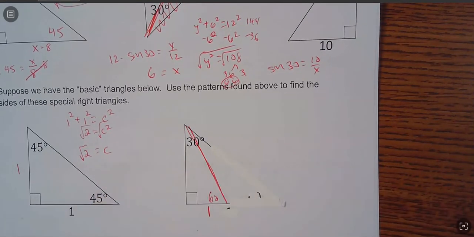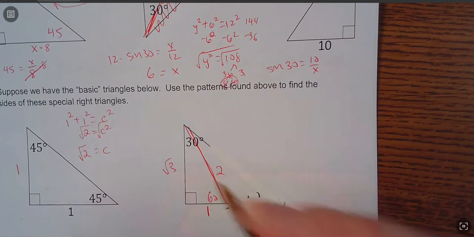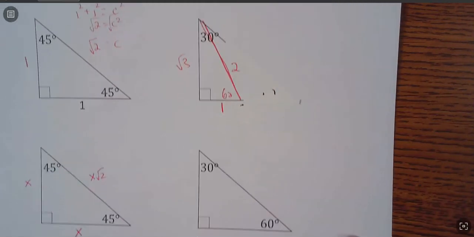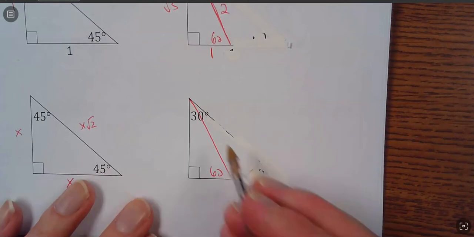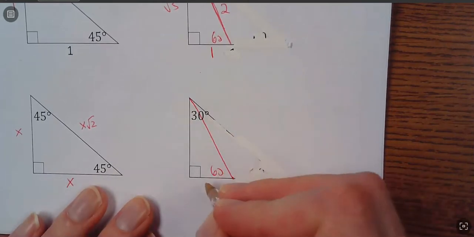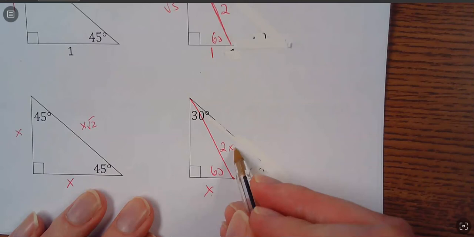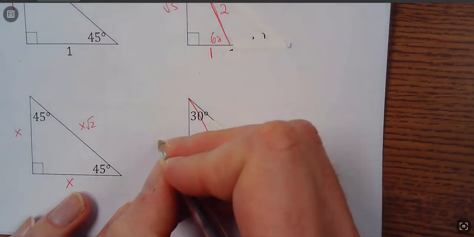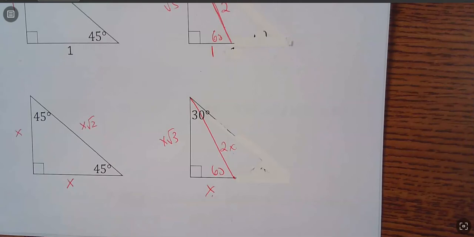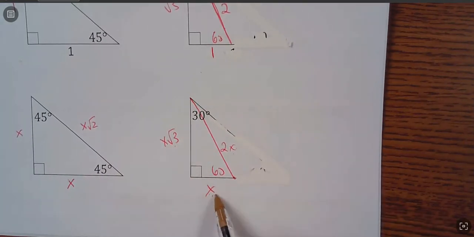So if the smallest side is 1, this would be 2, this would be radical 3. I'm going to fix it a little bit so it looks a little more scaled. If this side was x, this would be 2x. So if this is 5, that's 2 times 5. If it's 13, that's 2 times 13. And then this would be x radical 3. So whatever this is, you multiply by radical 3 to get that way. Now if you have this side, divide by radical 3 to come back this way.